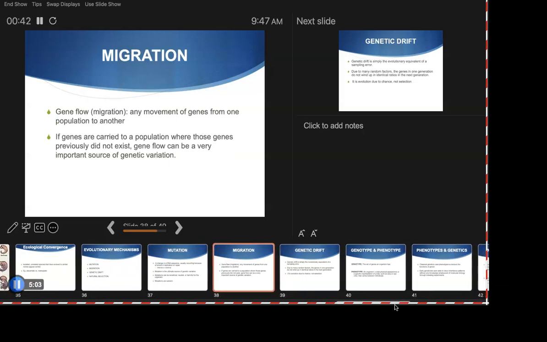Okay, next is migration. Conversationally, a couple times I've used migration without maybe even using that word, but we've talked about the concept: the idea of introducing something new to the gene pool. Traditionally you've had a bunch of people, and we'll just use people because it's a lot easier, with dark hair and dark eyes.